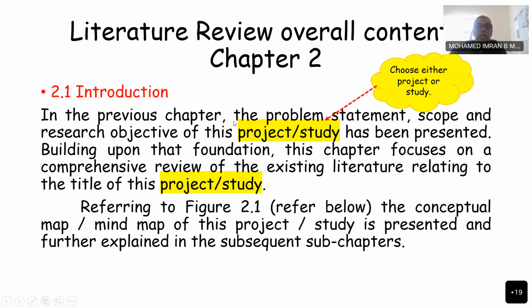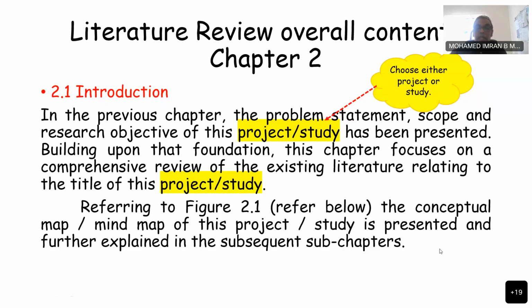So in this chapter 2, first you start with, for example, in the previous chapter, the problem statement, scope, and the research objective of this project has been presented, or this study has been presented. Building upon that foundation, this chapter focuses on a comprehensive review of the existing literature relating to the title of this project study.